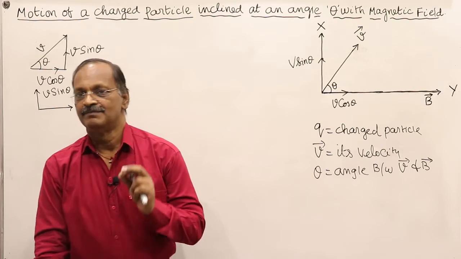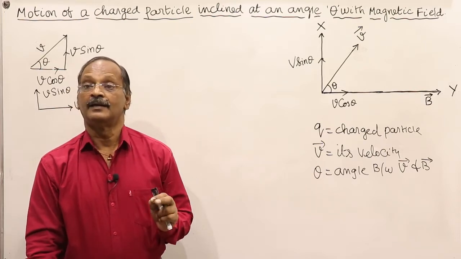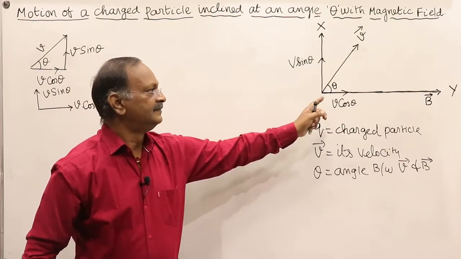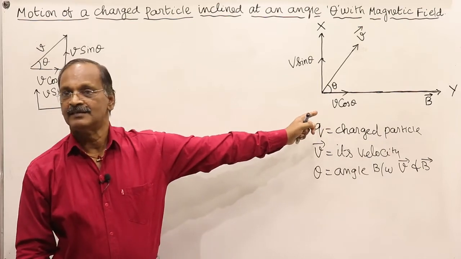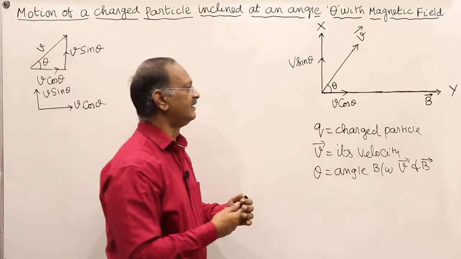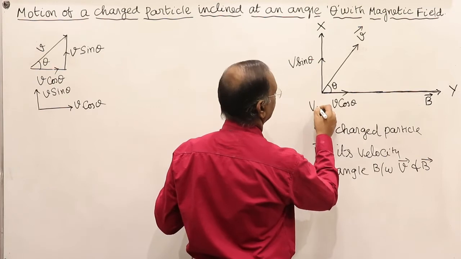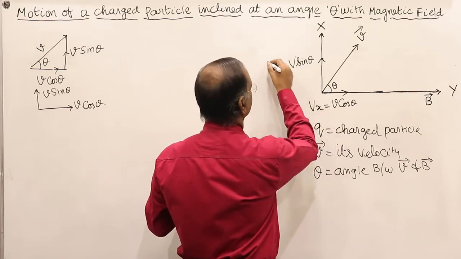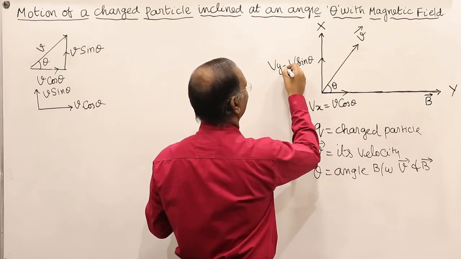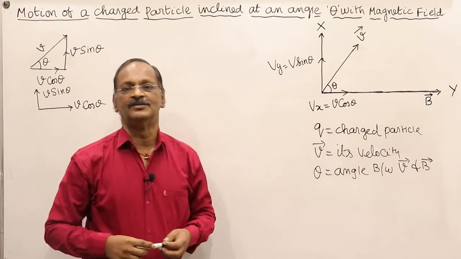Since the velocity can be resolved into two rectangular components, one component along the magnetic field is Vx, velocity along the x direction, and this is velocity along the y direction, v sin theta.